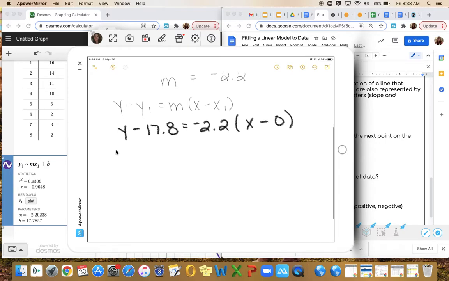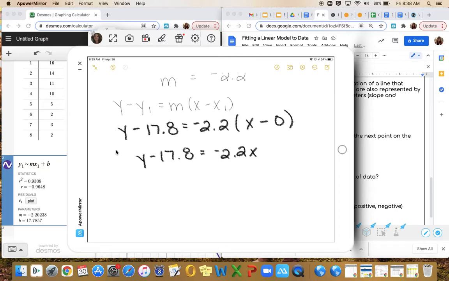And you can actually simplify it down to make it a y equals mx plus b type of equation. So let's do that. So y minus 17.8 equals, we'll need to distribute that negative 2.2, so it'd be negative 2.2x. And then anything times 0 is just going to be 0, so you're not going to add anything onto that.